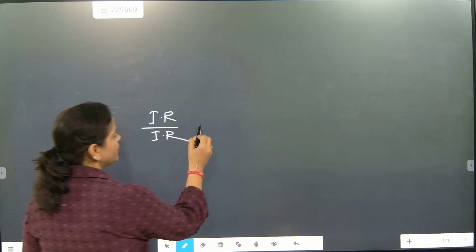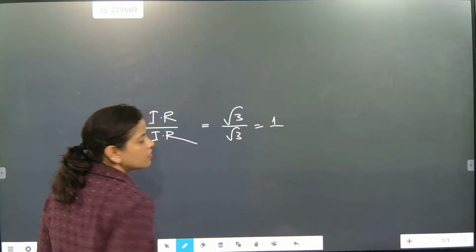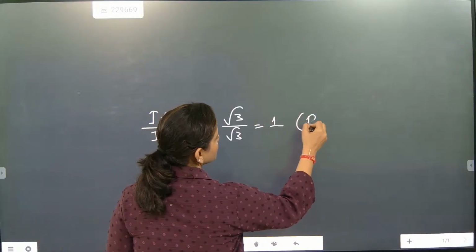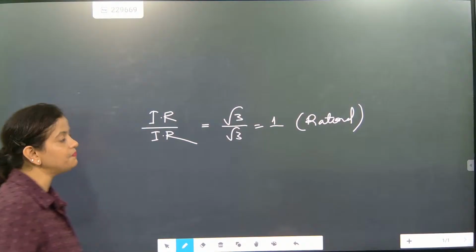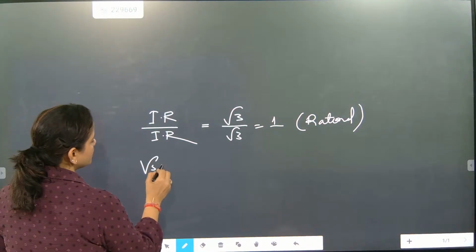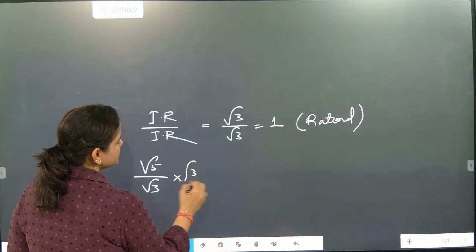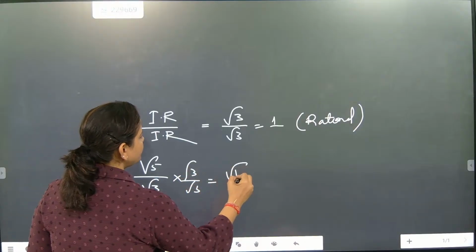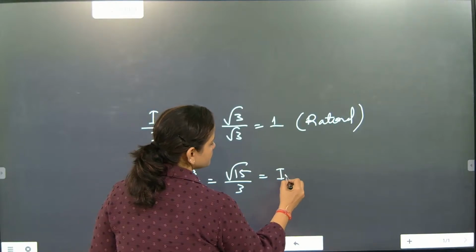Then the situation is very transparent. Maybe root 3 divided by root 3. It will give you 1, which is rational. Now, root 5 divided by root 3. Then what you can do? You will rationalize it. It will come root 15 by 3. This is irrational.